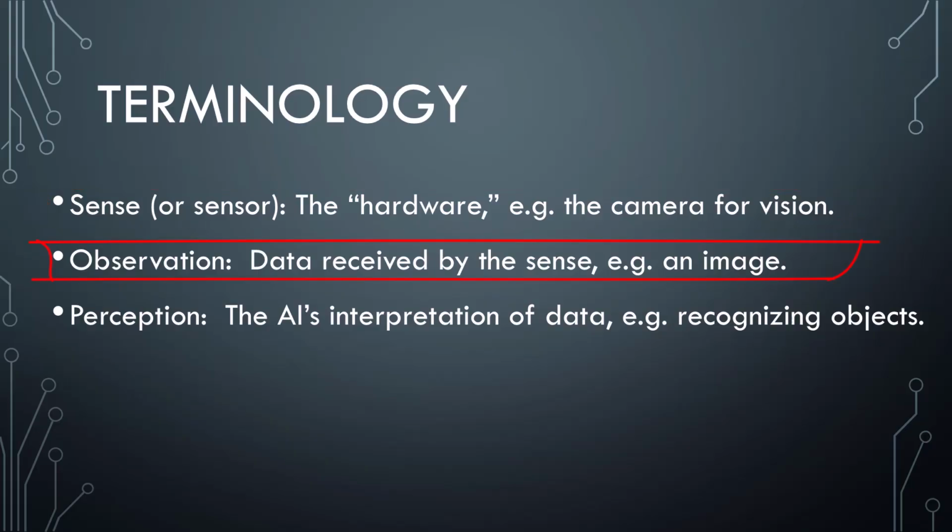The observation is the data received by the sense, so it could be, for example, the image viewed by the AI's eyes or cameras. Then the perception is how the AI interprets the data or the result of processing the data. So, for example, recognizing objects within an image.